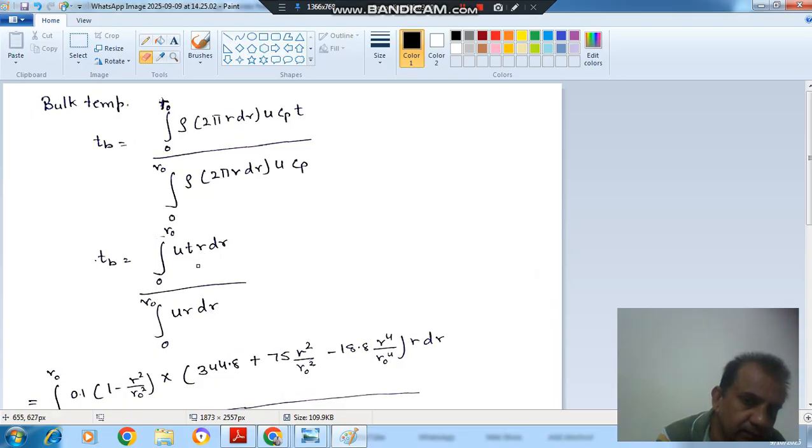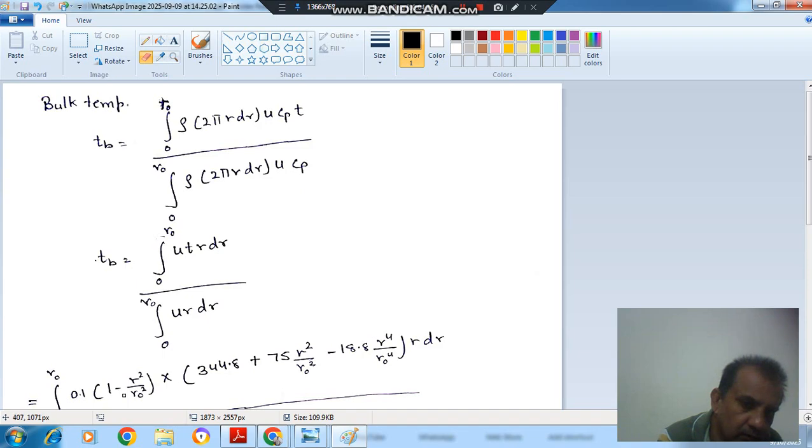The constants can be cancelled out because they can be taken out of the integration, but this r cannot be taken out of the integration. So we'll have U r dr here and U T r dr here, with integration within the limit 0 to R0 separately.